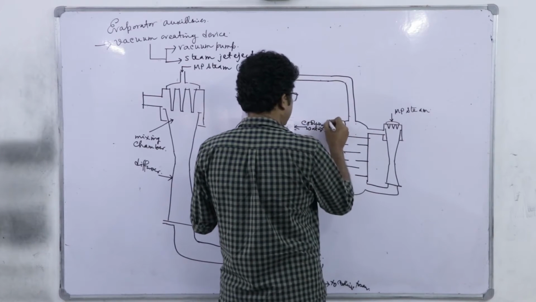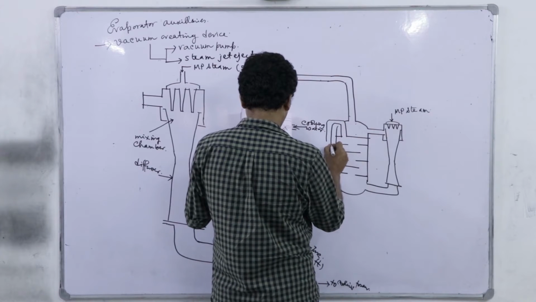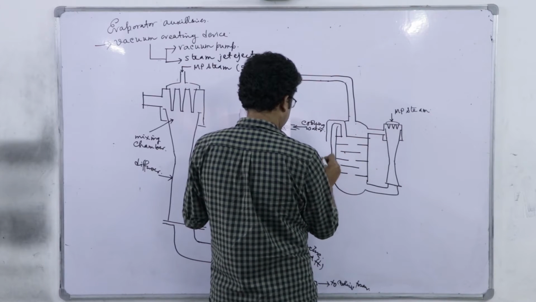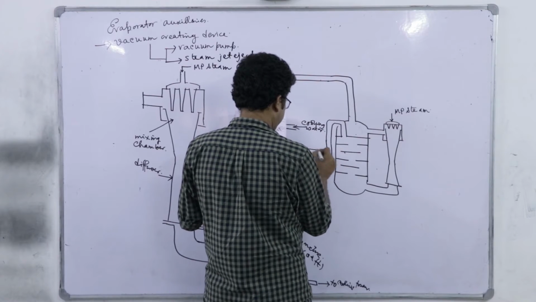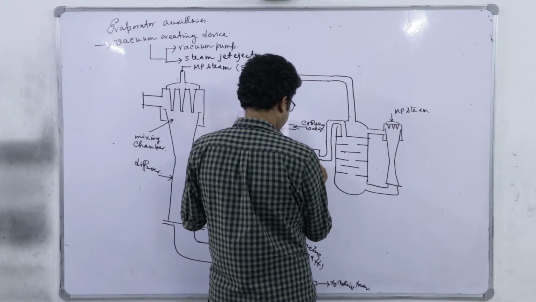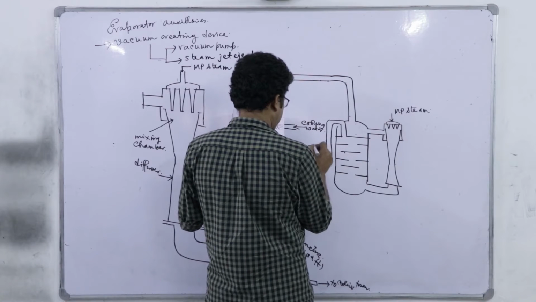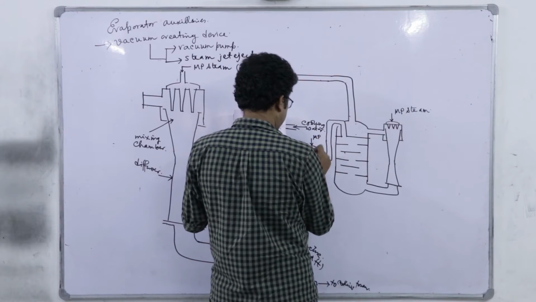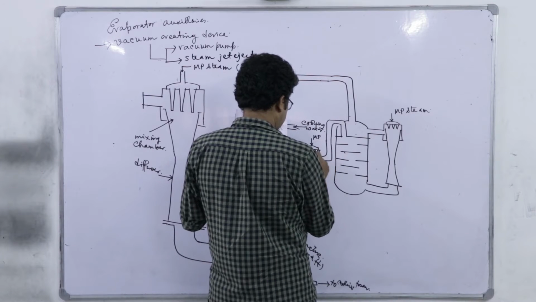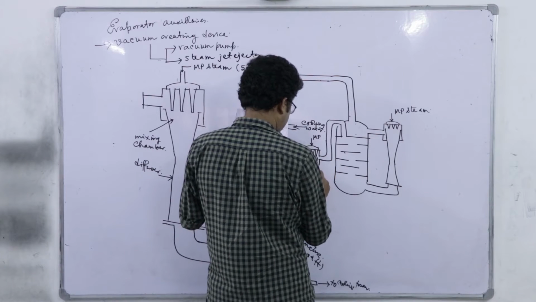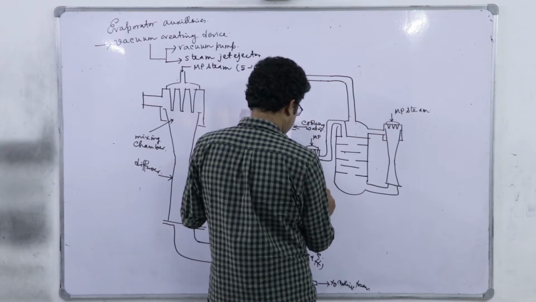Now, from this stage, it goes to the third steam jet ejector, which is a smaller one. Again, medium pressure steam is delivered. The nozzles are there, and the diffuser and mixing chamber.